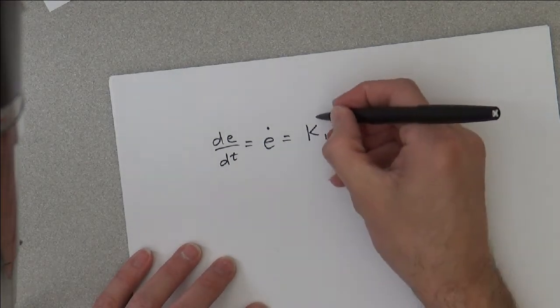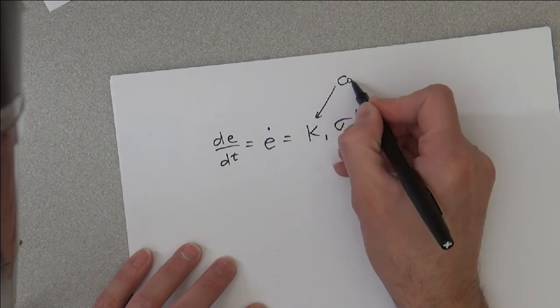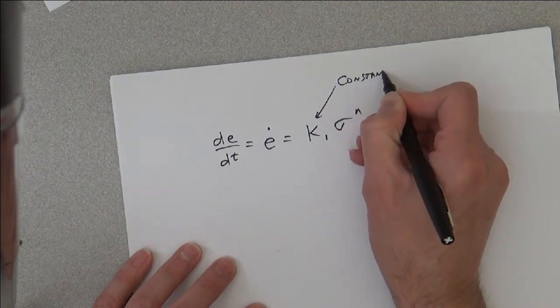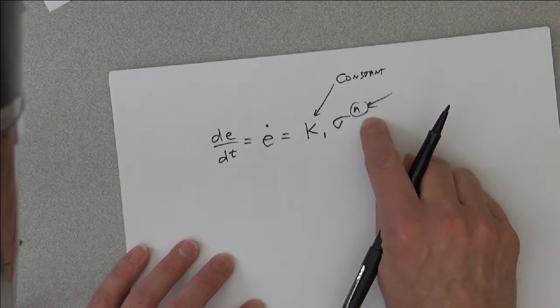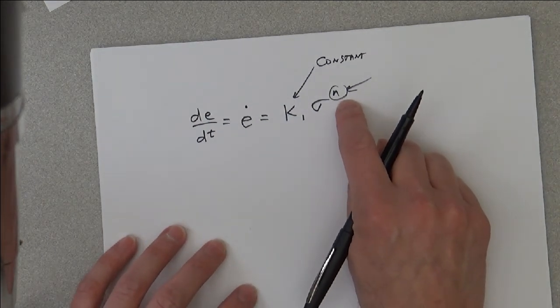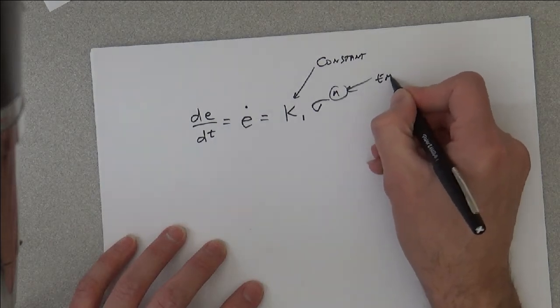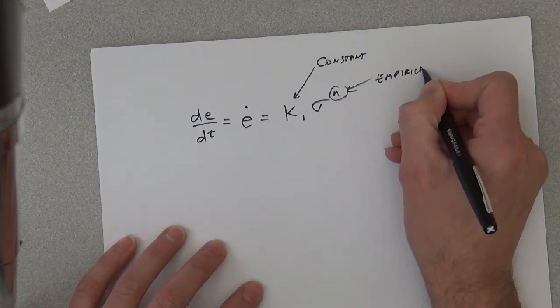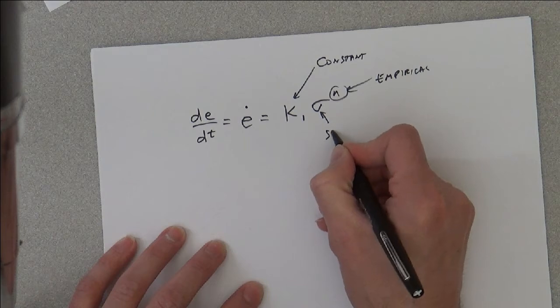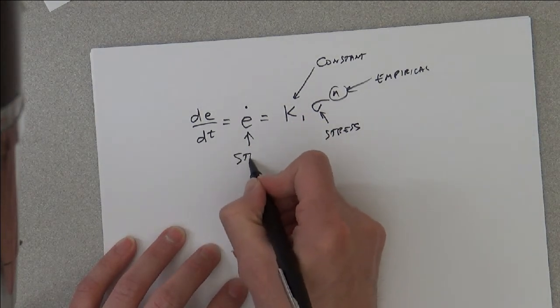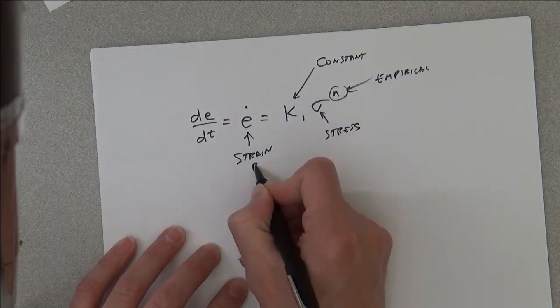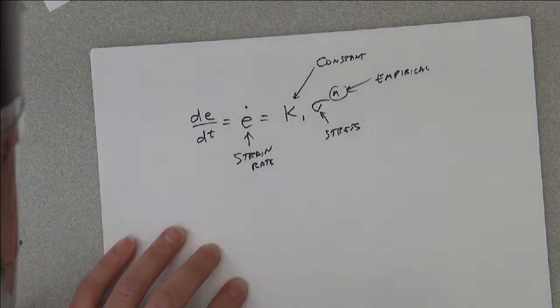So this would be some constant, and that is our empirically determined parameter. And that is our stress. Like that.